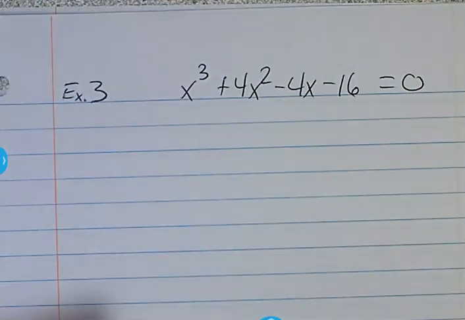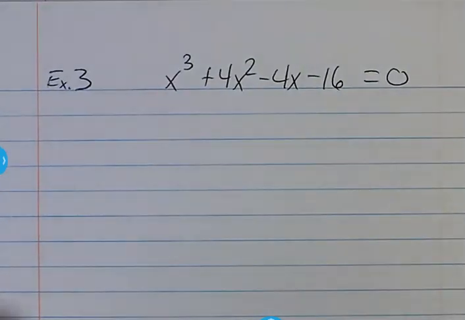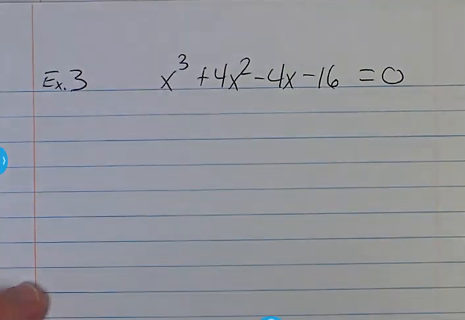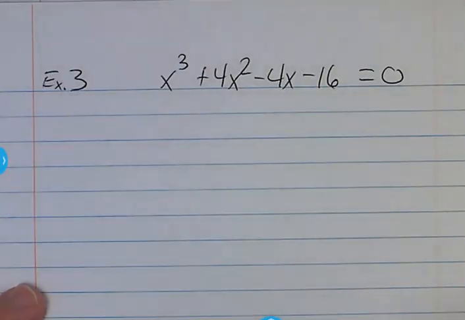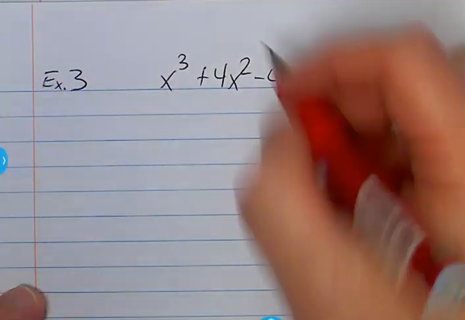All right, make this one a little bit easier on us, so that we don't have to move everything around. This one's already set equal to 0. Okay, terms are in descending order, which makes life a little bit easier because, again, your first term here is x to the third.